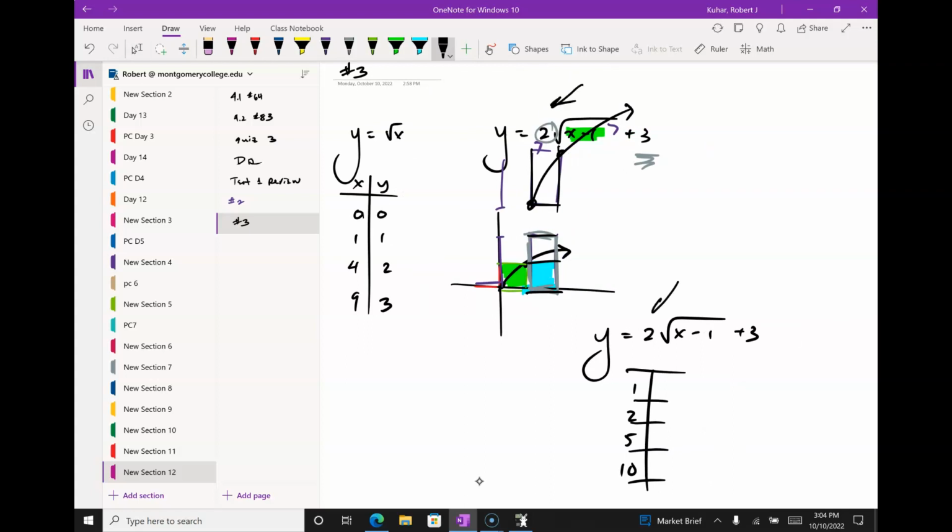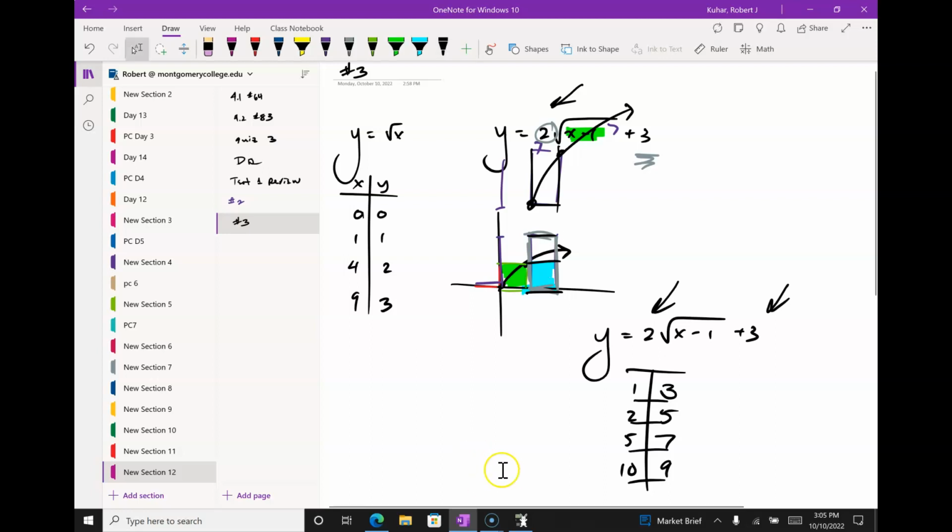What to the y's? Multiply by 2 and add 3. So 2 times 0 is 0 plus 3 is 3. 2 times 1 is 2 plus 3 is 5. 2 times 2 is 4 plus 3 is 7. 2 times 3 is 6 plus 3 is 9. Yes, you with me? Something finally clicking for some of you?